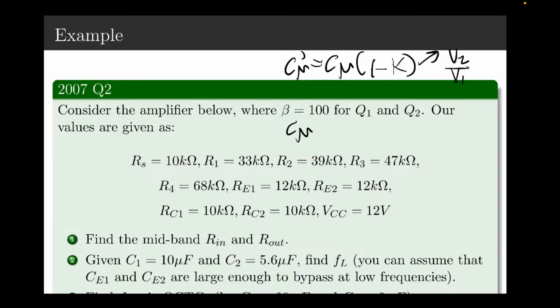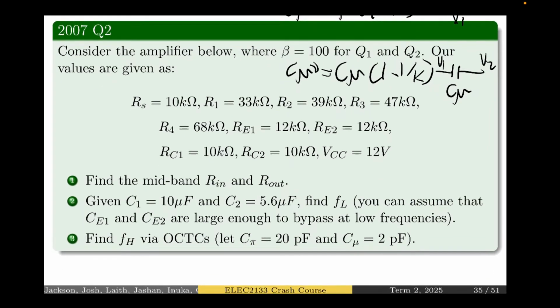And then your other C mu, C mu double dash, would be C mu multiplied by 1 on 1 minus K. A lot of the time, this would be between these two voltages. Now, K is usually pretty large, so C mu double dash is usually approximately equal to C mu.